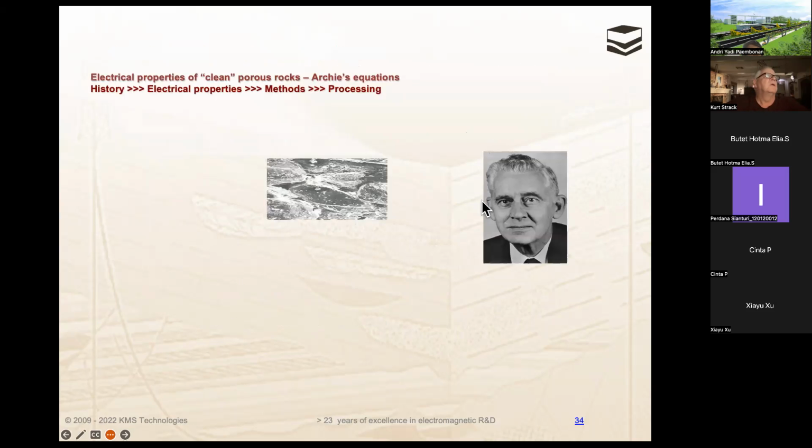a rock. Now, you've all heard about Archie's law, and Archie's law allows us to correlate resistivity measurements with porosity. So let me walk you through the thinking of Archie's law in the next 2 slides. So we have a rock, and the rock consists of the grains and the pore space.